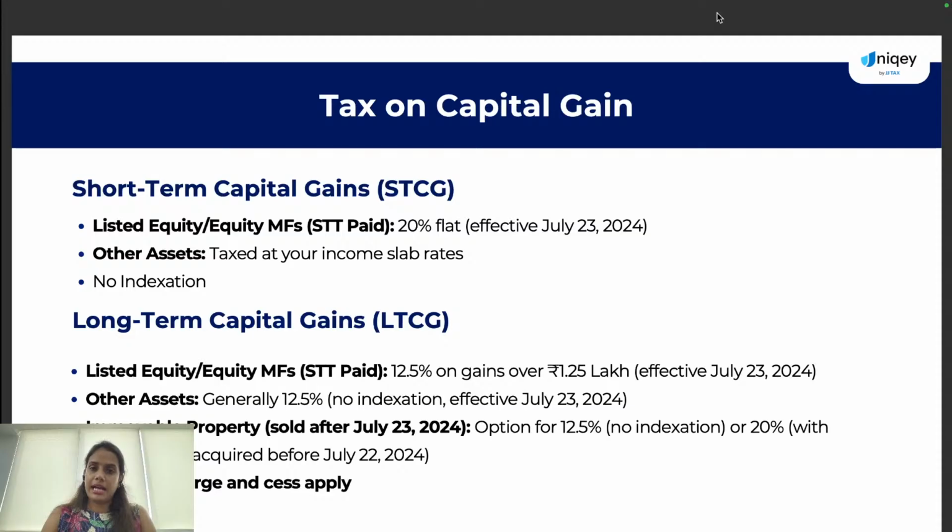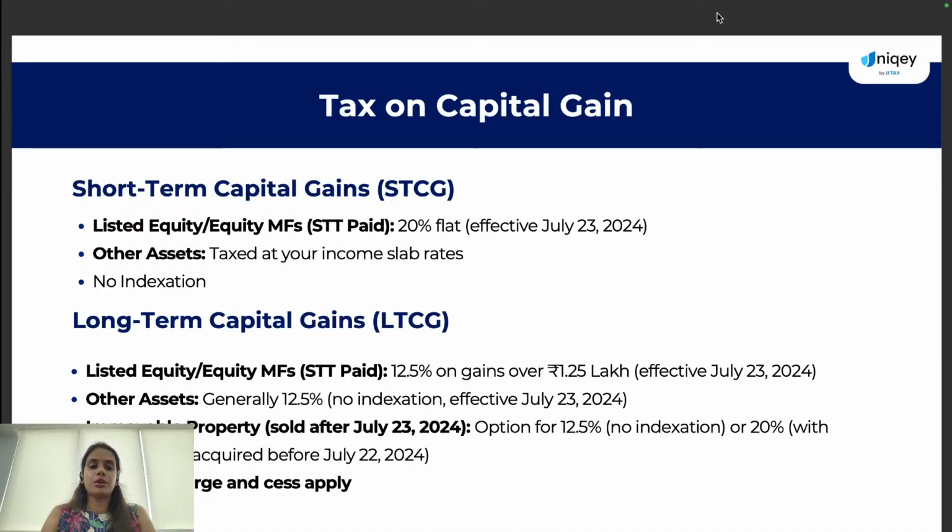Now, as I was saying earlier, these are the rates on capital gain. On short-term capital gain, the rate is 20% flat, and on equity or equity mutual funds, or any other assets, it is the slab rate in India. No indexation benefit can be taken in short-term capital gains. Now for long-term capital gains, 12.5% is the rate on gains of more than 1.25 lakh rupees. Up to 1.25 lakh rupees, we don't need to pay any taxes.